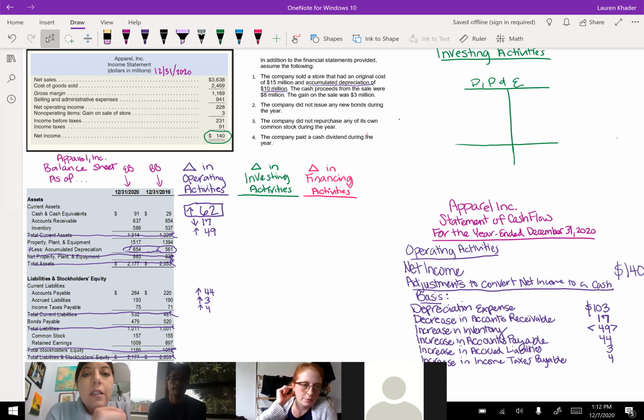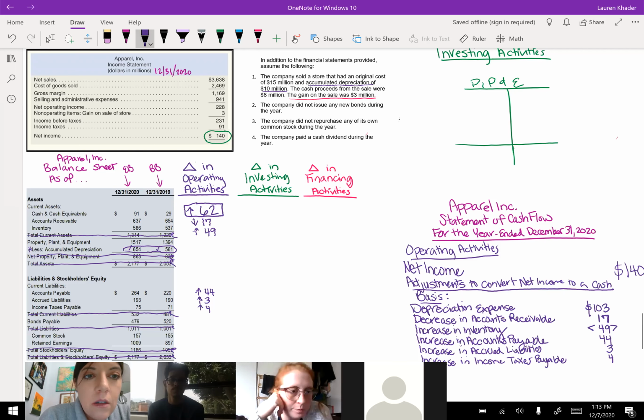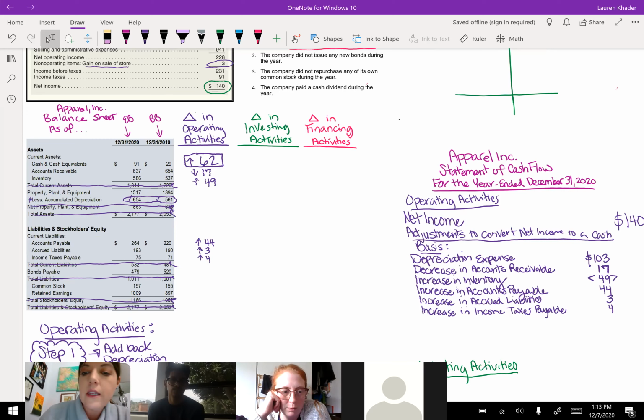So there's 2 places we can find that information, either the supplemental information. There was a gain on sale, $3 million, or in the income statement under non-operating items, they disclose the gain. So we're going to write gain on sale of store in the statement of cash flow.